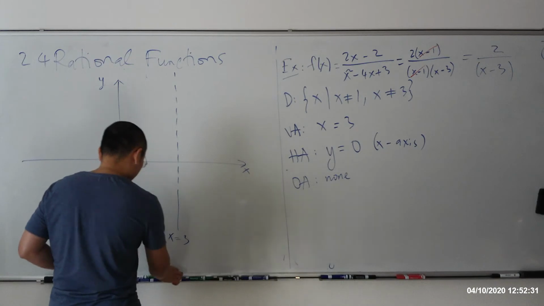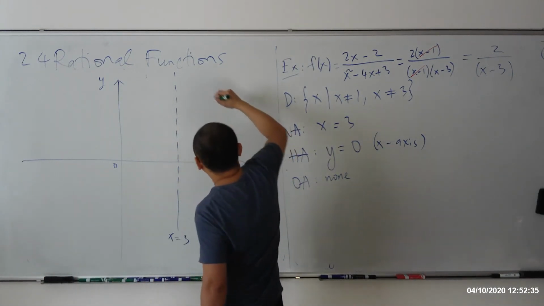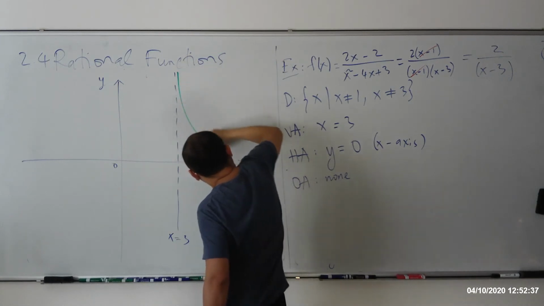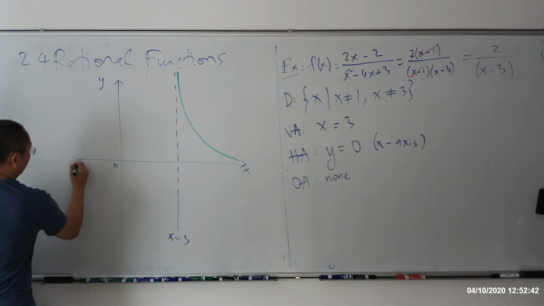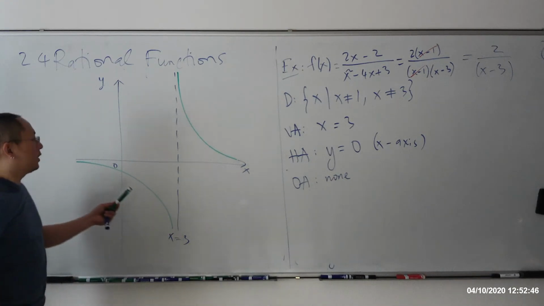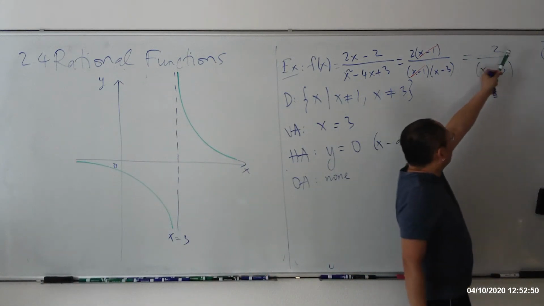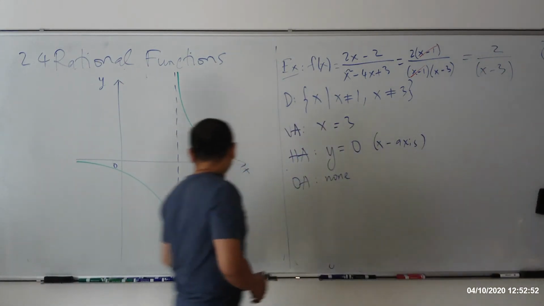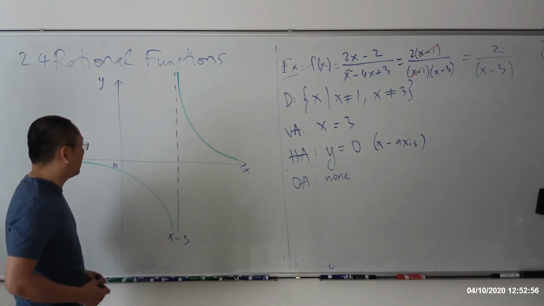And the graph will look like this, green color. Okay. And I declare the two green curves is the graph of the function f of x equal to 2 over x minus 3. It has one vertical asymptote of x equal to 3, okay?